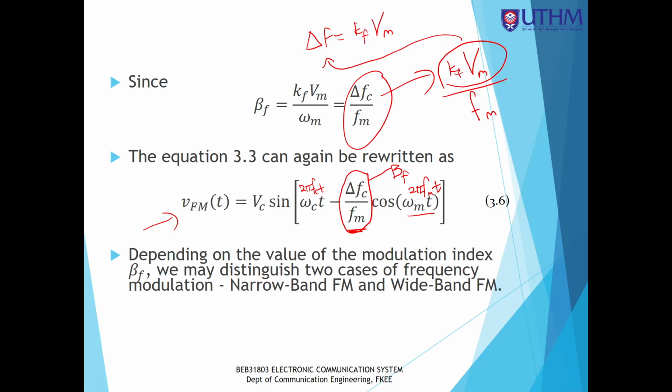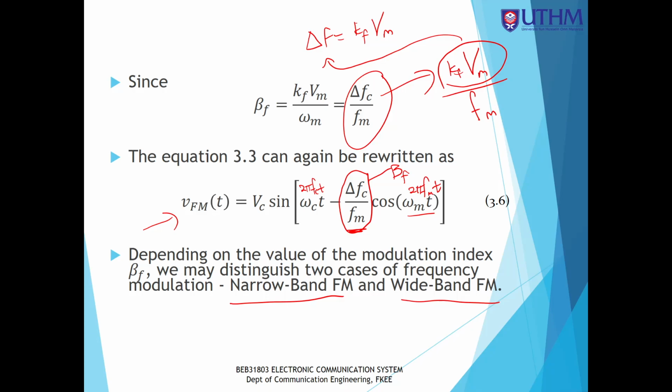Now we want to focus on the FM signal. FM signal can be divided into two categories, narrowband FM and wideband FM. Narrowband means small bandwidth, wideband means big bandwidth. This refers to the bandwidth requirement of the signal.